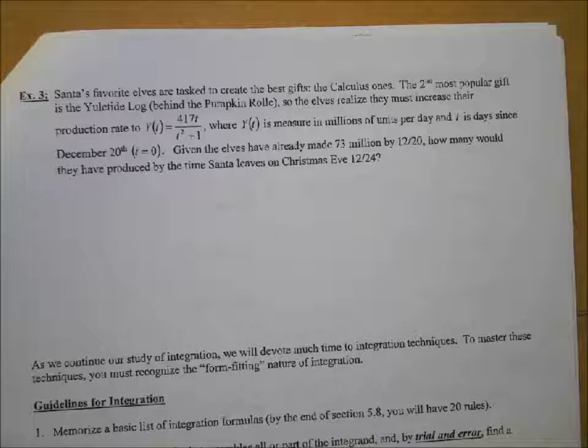The 417 we pull out front, so it's just t over t squared plus 1 dt. The t dt is there, that's your du. And t squared plus 1 is u, so it's just 1 over u.